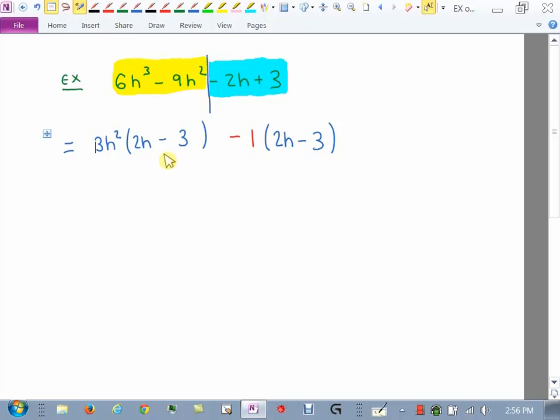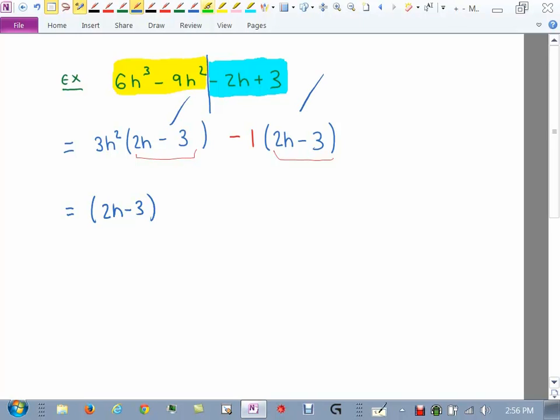Okay. Now that these 2 things match, since that's our common factor, we can rewrite this as 2h minus 3. That's whatever they both had in common.